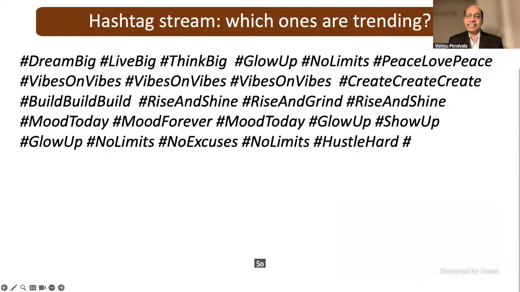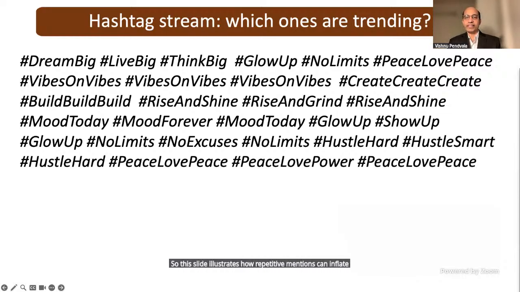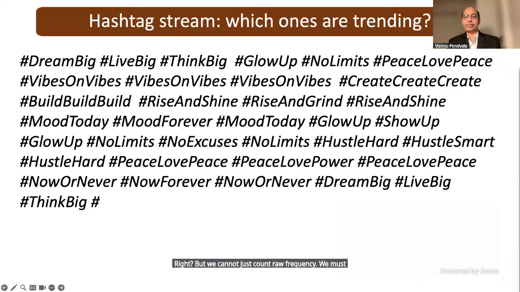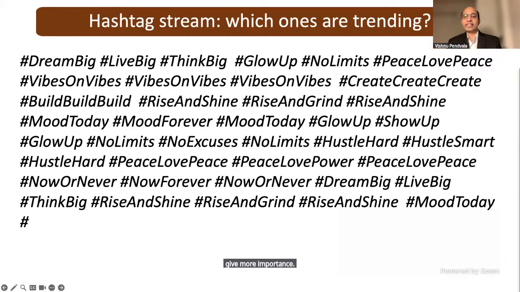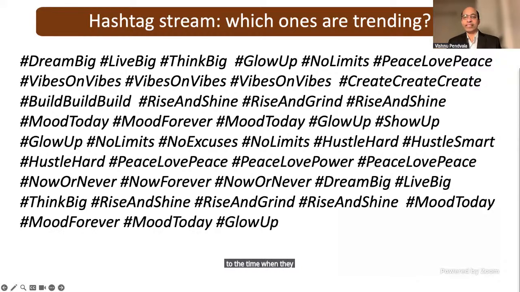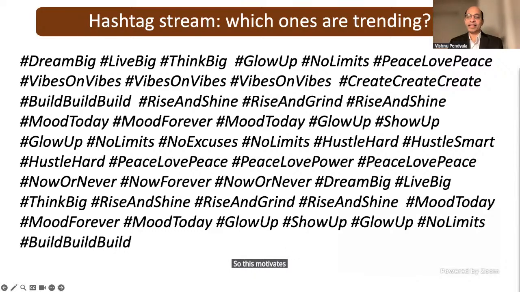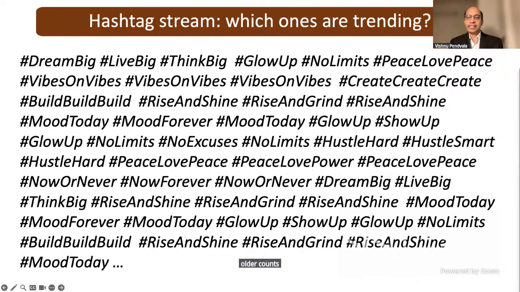This slide illustrates how repetitive mentions can inflate apparent popularity. But we cannot just count raw frequency. We must also give more importance to the time when the mentions occurred. This motivates the exponential decay model that discounts older counts. We want to compute a smooth aggregation over the whole stream.